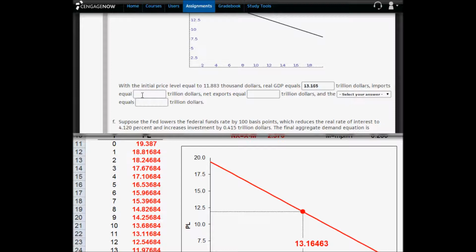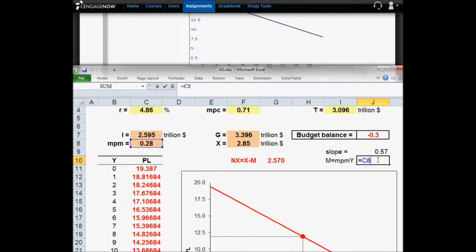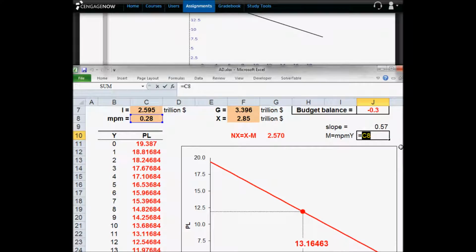Imports at that level of GDP is equal to that value times the marginal propensity to import. So the marginal propensity to import is C8, 0.28. Real GDP is 13.16463. So the import level is $3.686 trillion.